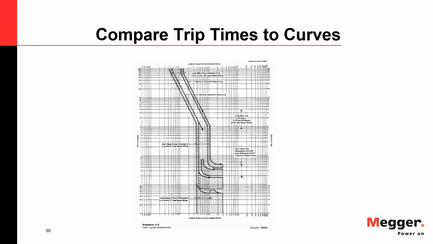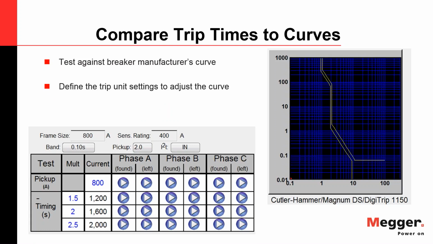Well, you have to find out on what actual curve you're operating, which is most likely not drawn here. They only give you the extremes, the minimum and the maximum, and then enough information so the user has to extrapolate. Well, if you have a software that has everything in it, the complete curve, and you can choose what settings you have, you see the curve you're actually testing, and you are comparing to the actual curve that you are testing to.